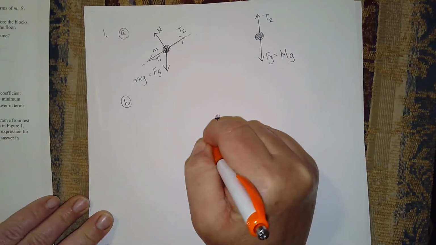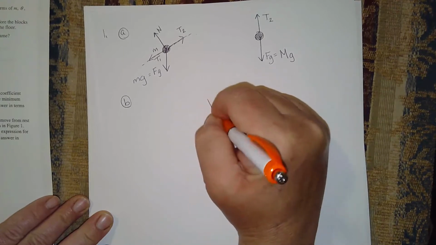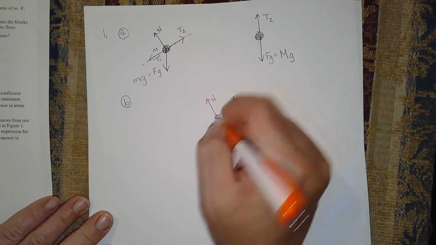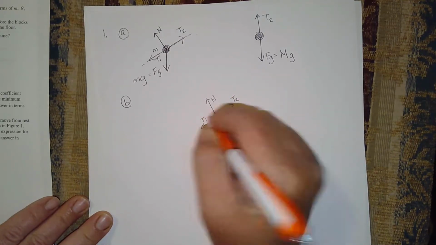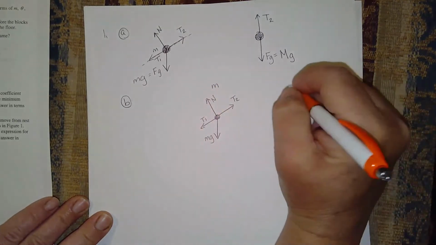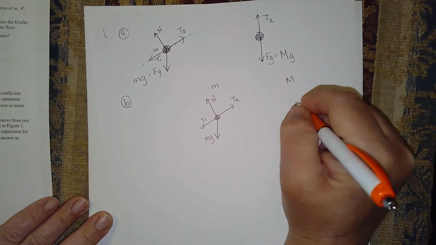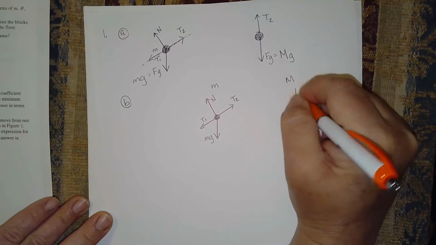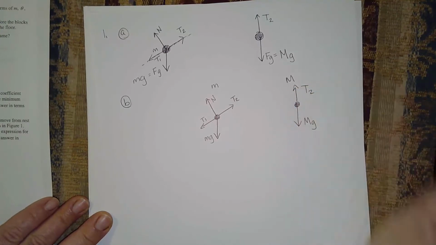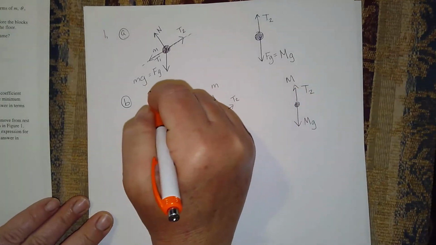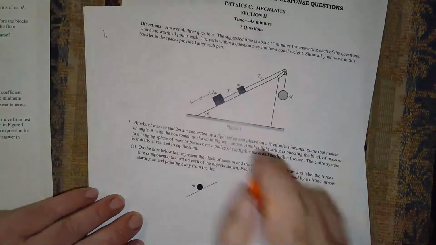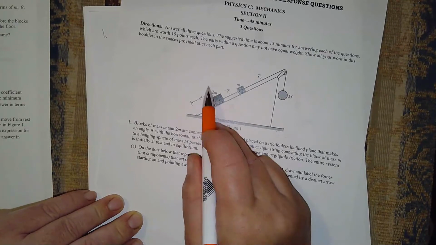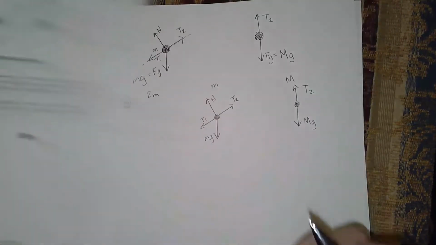So this is little m g. This is normal, T2 and T1. So this is little m. Then I've got big M, and he has gravity and T2. But I got this other block, 2M, and 2M is down here on the bottom. And he only has three forces, gravity, normal, and then this T1.